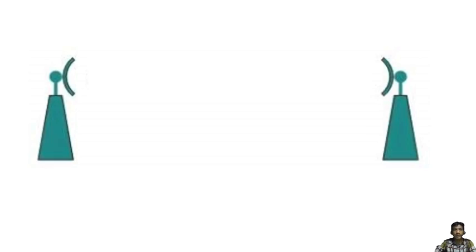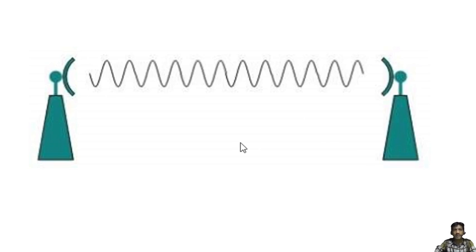Before explaining wave propagation, all of you must understand clearly about the communication system. I already explained in the last lecture, but again I will explain something. Here is the transmitting antenna and the receiving antenna. We have to send a signal as a radio wave signal.